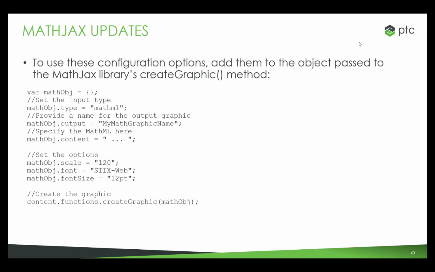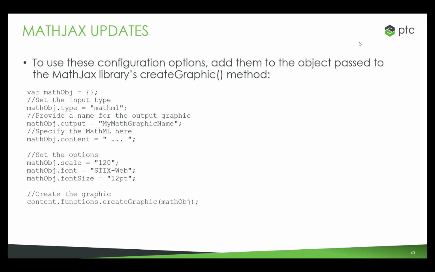So as before, when you're creating a graphic from using the MathJax library, you'll create an object. Beforehand you would specify what the content was, what the output graphic name was going to be, and the type of input.